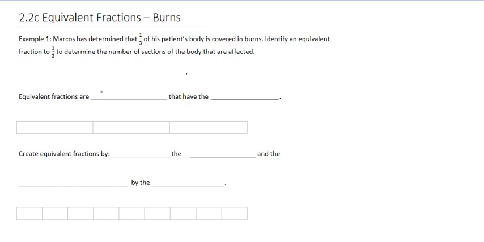So equivalent fractions are different fractions that have the same value. So let's look into this further by using an example with Marcos' patient.